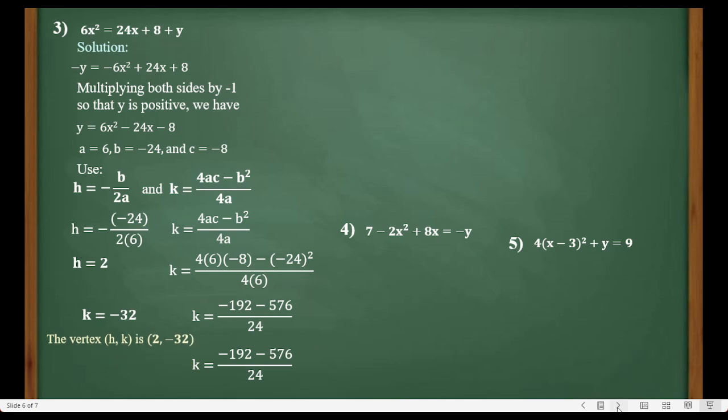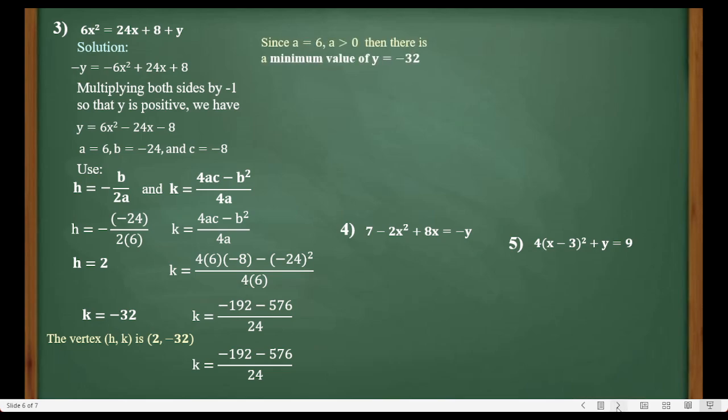With that, we can declare the vertex of this quadratic function in terms of x and y coordinates. And the vertex is what? At coordinates 2 and negative 32. This is for h and this is for k.